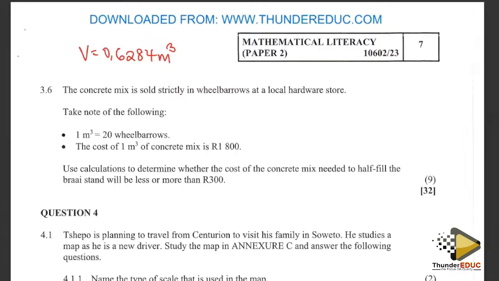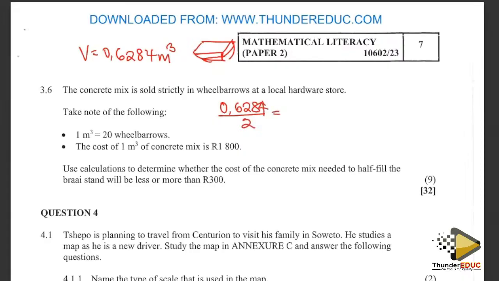All right. So now this is the volume of the half tank. But then the concrete is also going to take a half again. So meaning we need to halve this volume again. We divide again by 2.